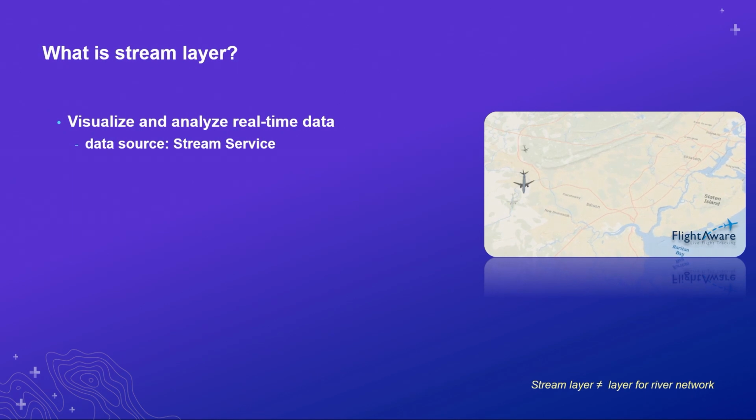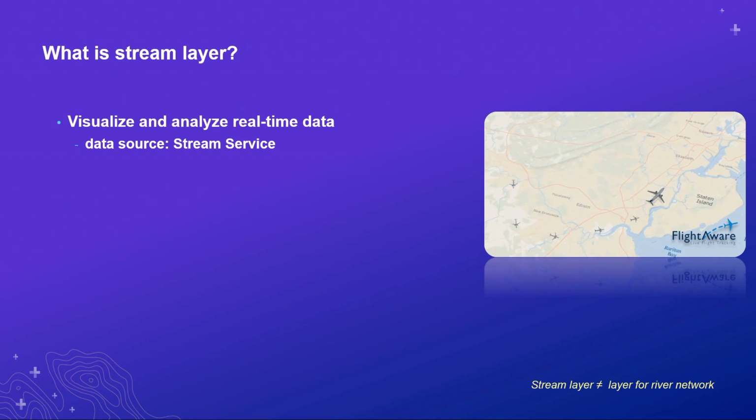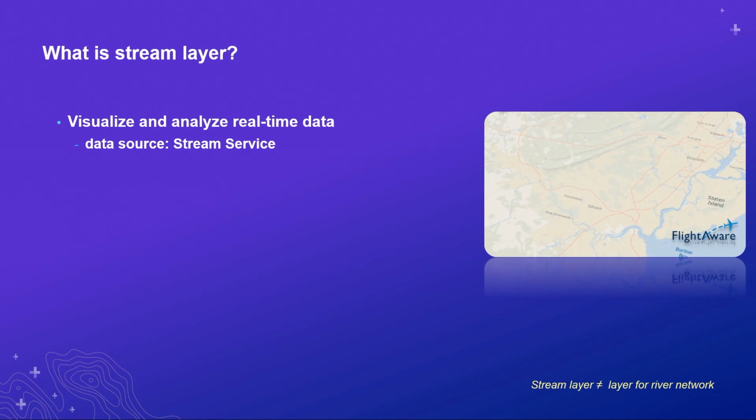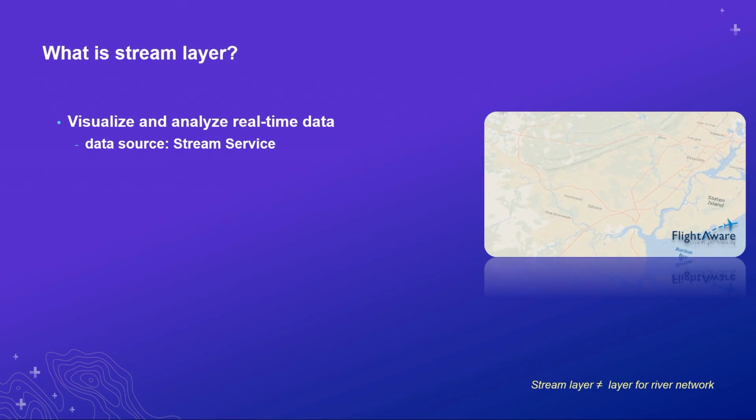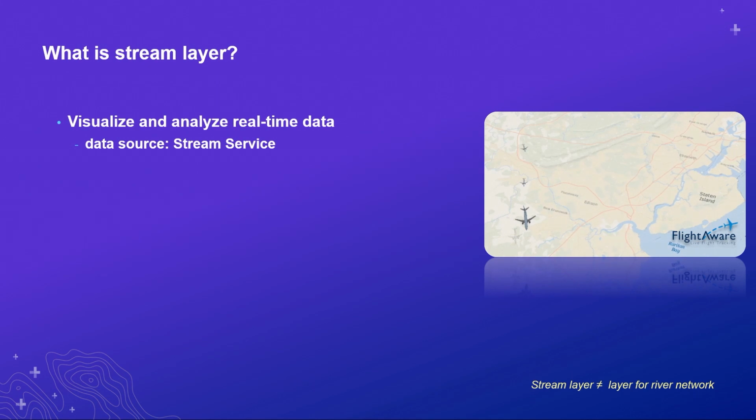On the other hand, a raster layer could be pointing to a PNG file or a raster dataset from an enterprise geodatabase. In the same way, a StreamLayer's source is a stream service, as I pointed out just moments ago. We're not going to go into deep detail on the stream service today. There are other sessions that will talk about stream services in more detail.